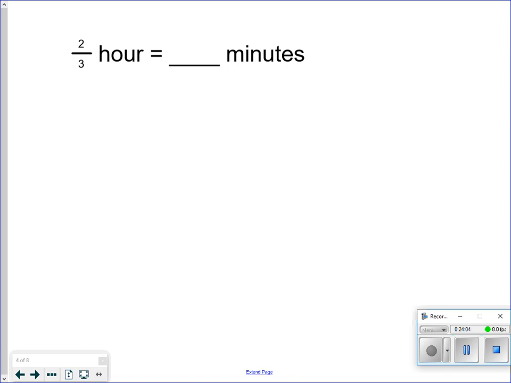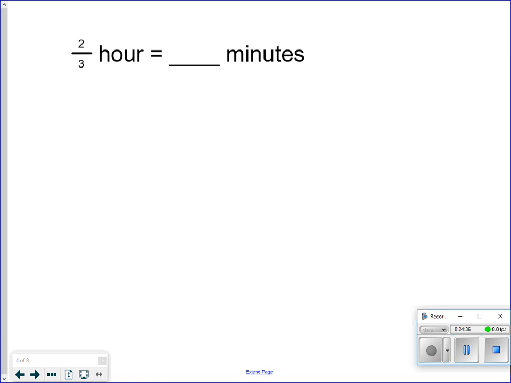Yeah. Big to small, you multiply. If I were going from minutes to hours, small to big, you divide. I made a division symbol with my face: a line, dot, dot with my head. Divide. So big to small, multiply. Small to big, divide.